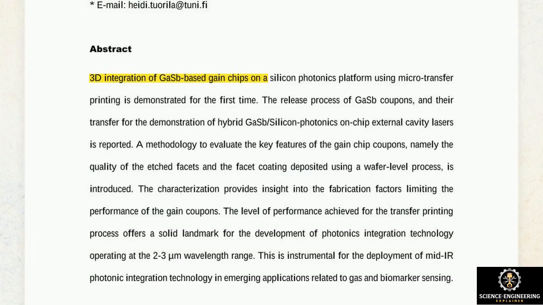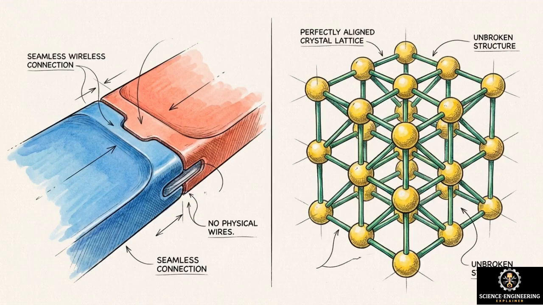The successful 3D integration of these gallium antimonide gain chips using microtransfer printing demonstrates the industrial maturity of this manufacturing method. Heterogeneous integration achieves the low interconnect parasitics of monolithic systems, bypasses lattice matching penalties, and provides a scalable solution for mass production.